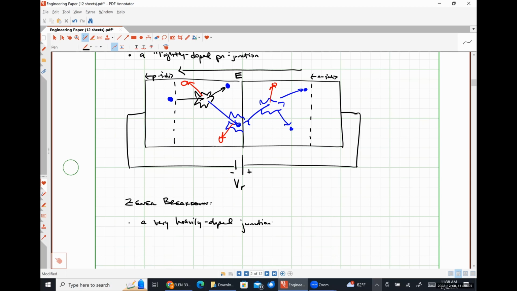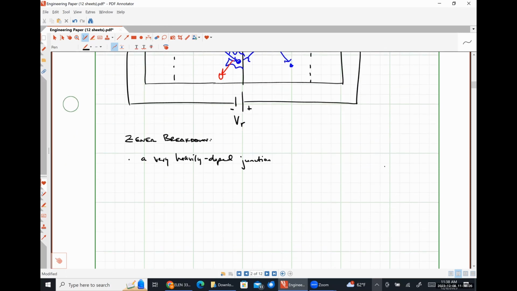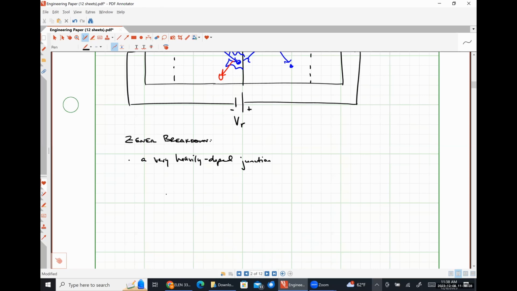We need a very heavily doped junction because we want tunneling to occur, because tunneling is a way to allow for a safe amount of current to flow through our device. We're not going to break any of the bonds or anything like that. So effectively, for Zener breakdown, we're going to have a situation that looks something like this from an energy band diagram perspective.